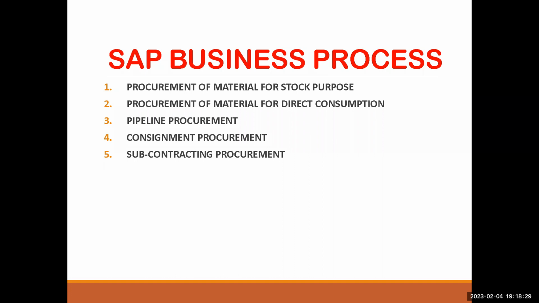So let's say the battery is a part of an automobile, and it is not manufactured by the automobile company, but by some other company. So what will happen is, the automotive company will provide the raw material to the battery manufacturing company.